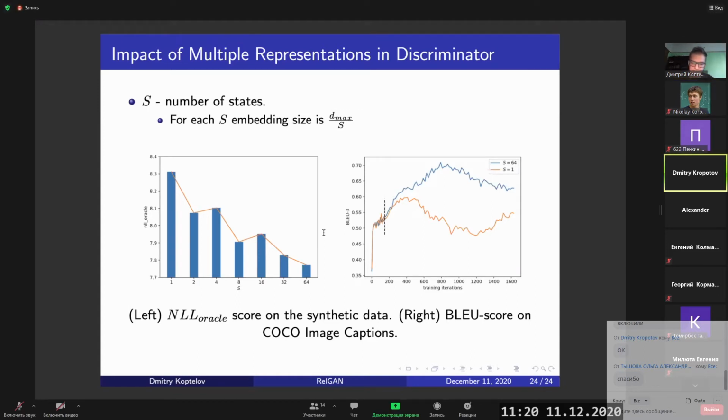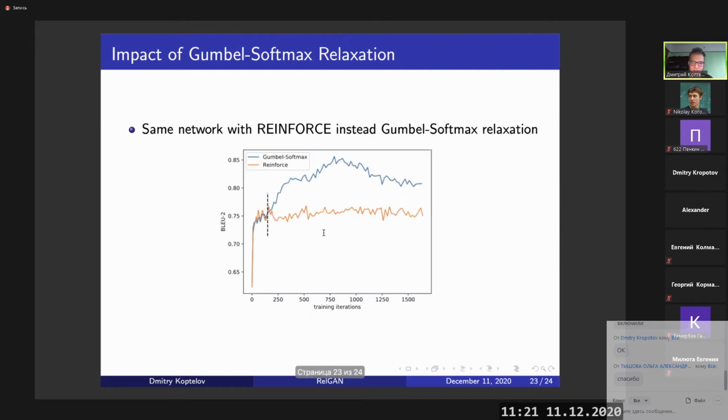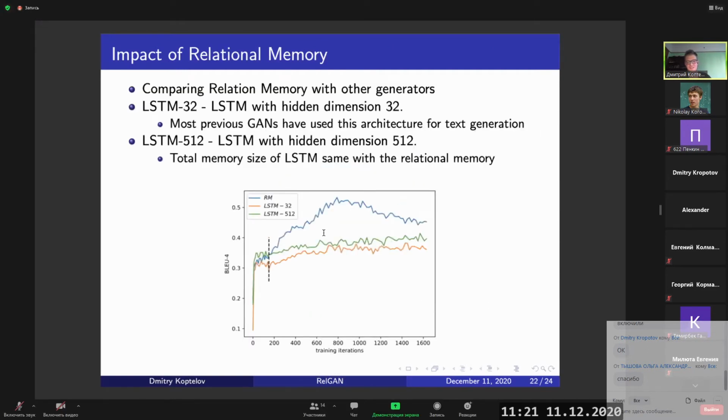Okay, thank you. Could you please speak a bit more about the problem itself you are trying to solve? Why do we really need to generate some text? What kind of practical problem are we trying to solve here? There is a task of text generation, and GAN is trying to solve this task. Why people actually do it, I don't know.